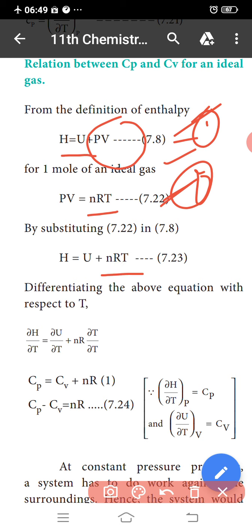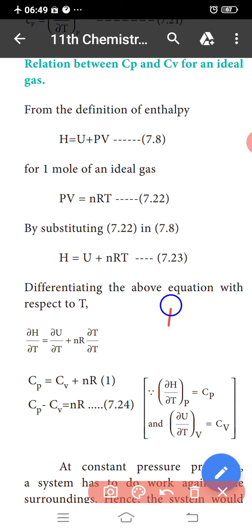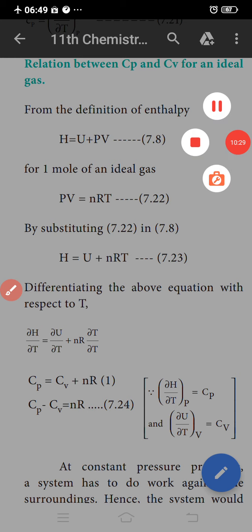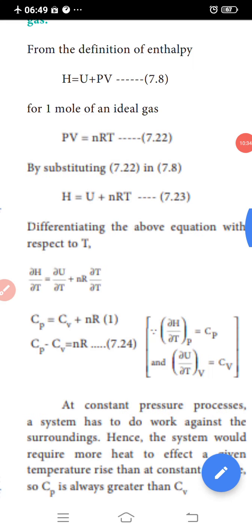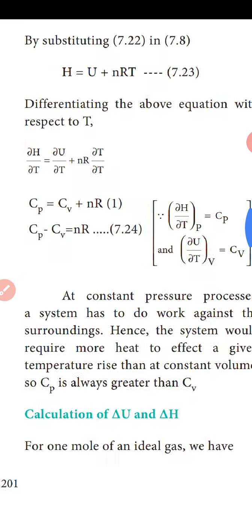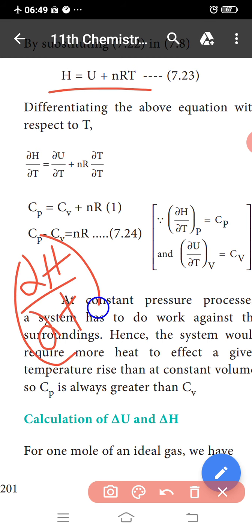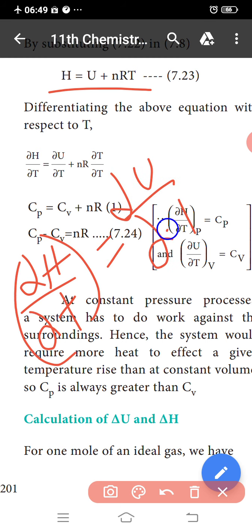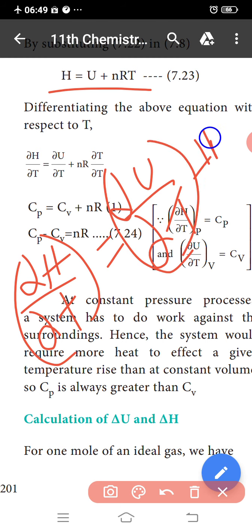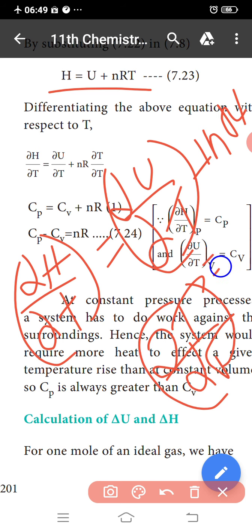Differentiate the above equation with respect to temperature. So dou H by dou T is equal to dou U by dou T plus nR dou T by dou T. So dou T by dou T is equal to 1.